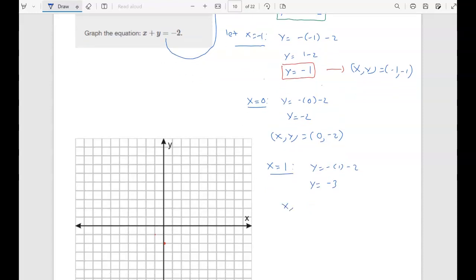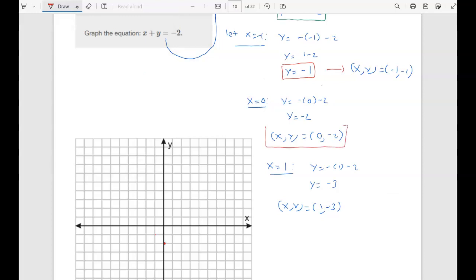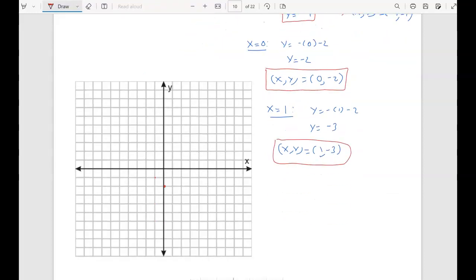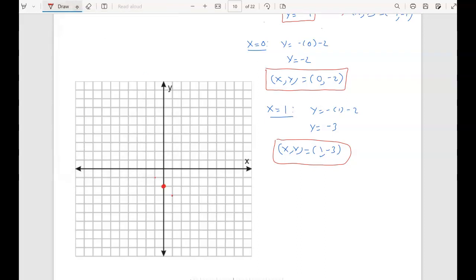Our coordinate point is going to be 1, comma, -3. That happens to be here. Let me make those dots a little bit thicker.